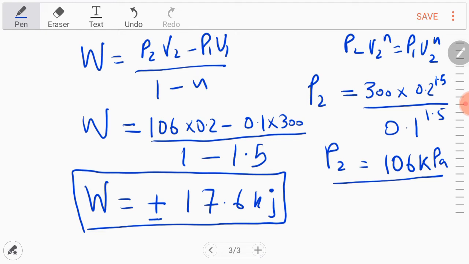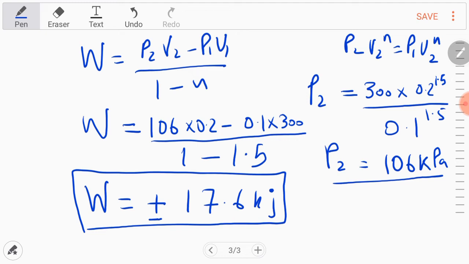So when work is added to the system it should be negative, and when work is done by the system it should be positive. In this case, it shows that the expansion process is done by the system, giving work to some external process.